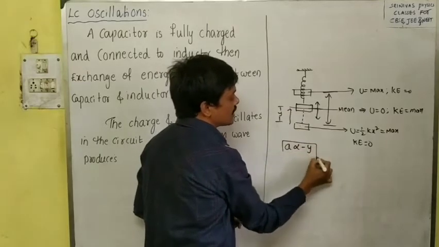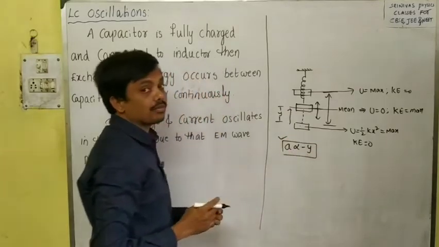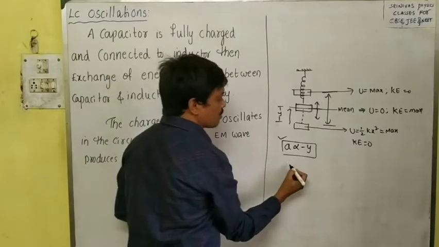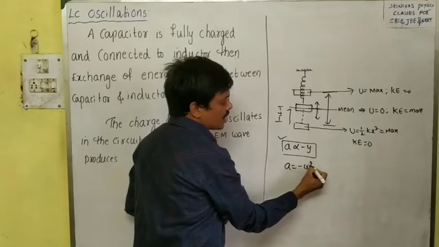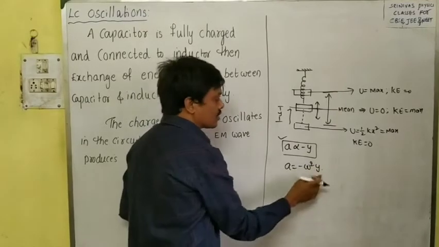Then we say that oscillations are in simple harmonic motion, and in simple harmonic motion we have the equation A is equal to minus omega square y, or x, we can also write displacement.